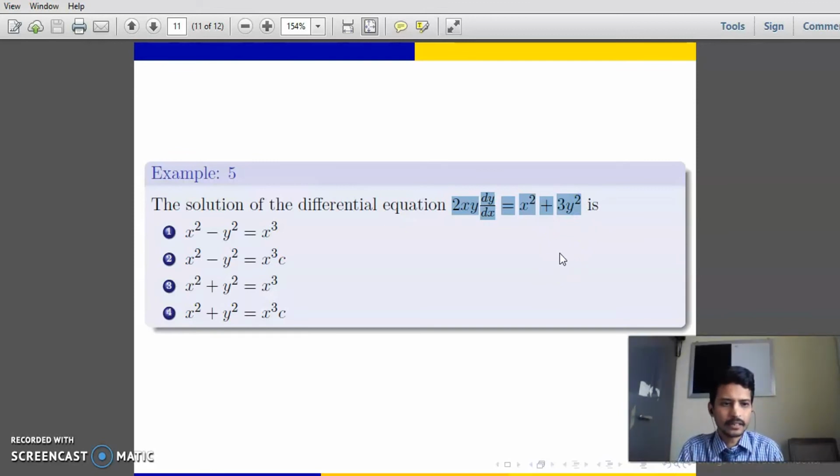So keep it in mind that the solution using the homogeneous method exists if the differential equation is of the form f of x,y by g of x,y, where f and g are only algebraic functions. So the meaning is f and g do not include trigonometric, logarithmic, or exponential functions. They include only algebraic terms.